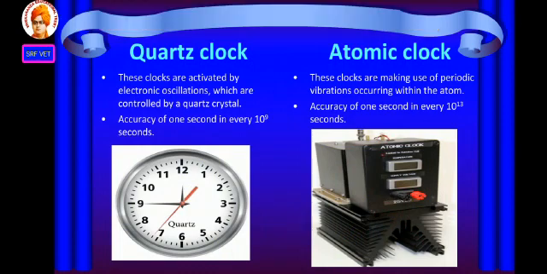Atomic clocks are used in the global positioning system, global navigation satellite system, and international time distribution services. So these departments use atomic clocks. Okay, students, clear?